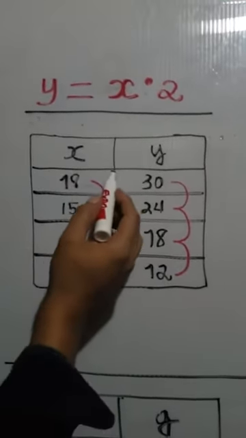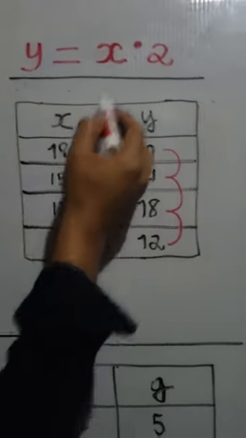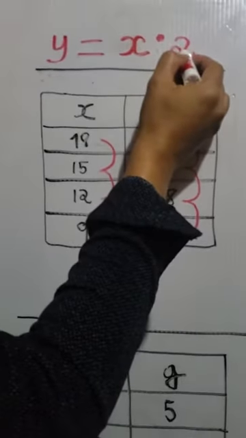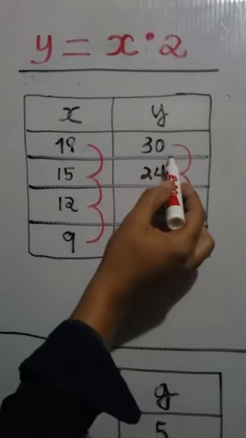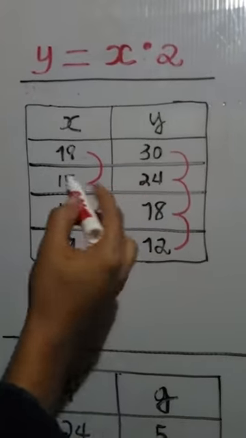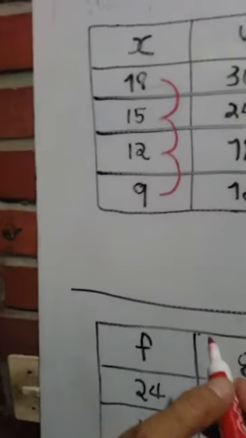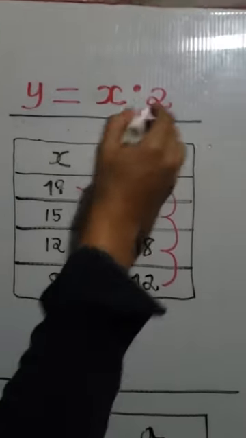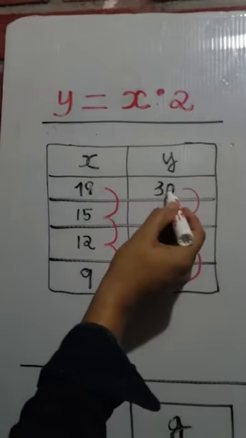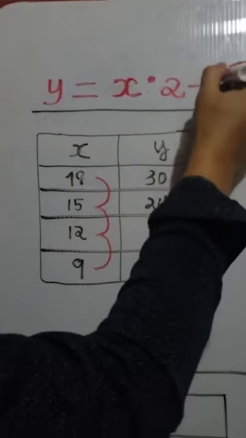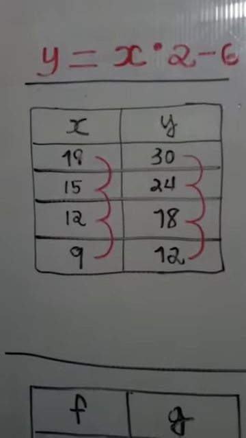Let's see. 18 times 2 is 36, but I have 30 here. So what do I need to get from 36 to 30? 18 times 2 is 36, but I have 30 here. So I will subtract 6 in my equation.